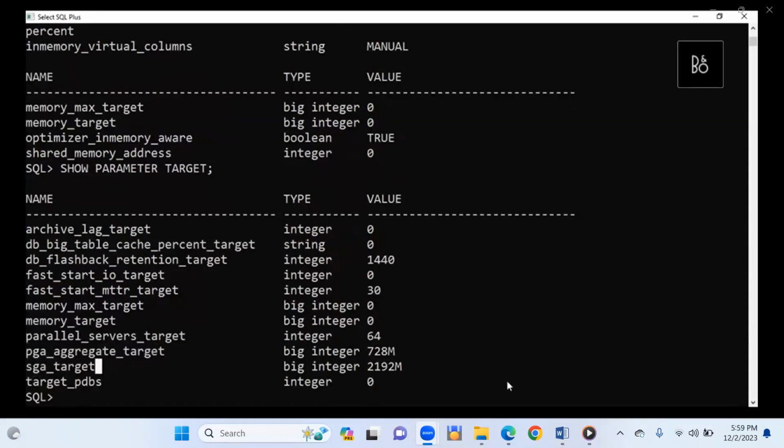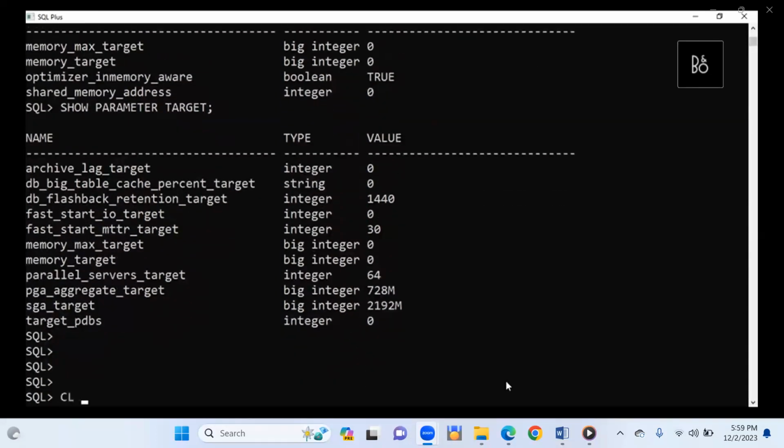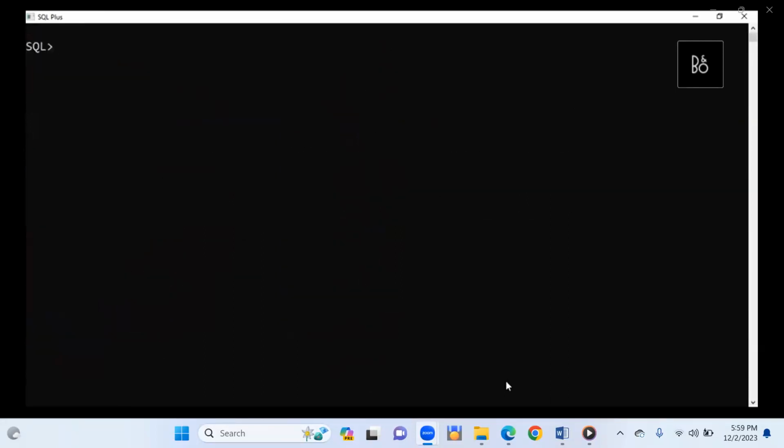Having learned about these parameters, it is now time for us to understand how we can manage memory. Oracle database memory can be managed through the following methods.